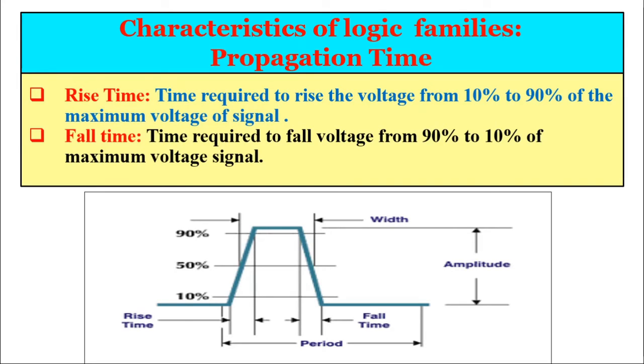And fall time is the time required to fall from 90% to 10% of the maximum voltage of the signal. Here, this figure shows the rise time, that means the voltage increases from 10% to 90%, and the fall time, that means the time required to fall voltage from 90% to 10% of the maximum voltage signal.